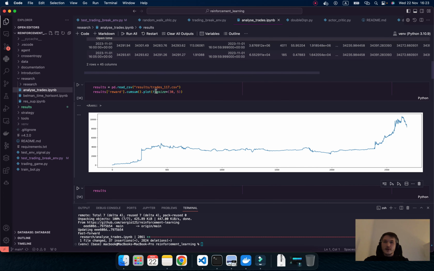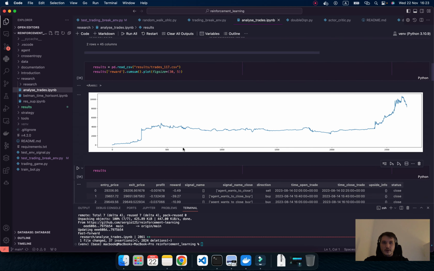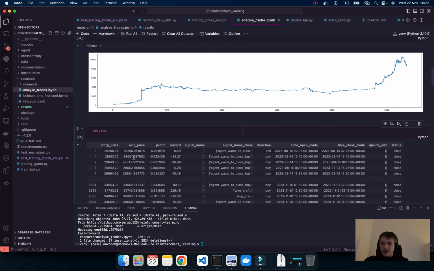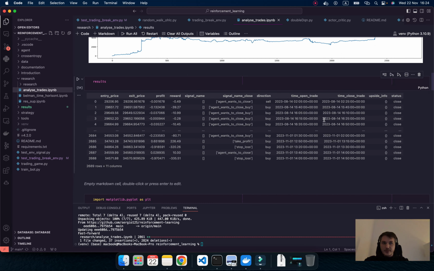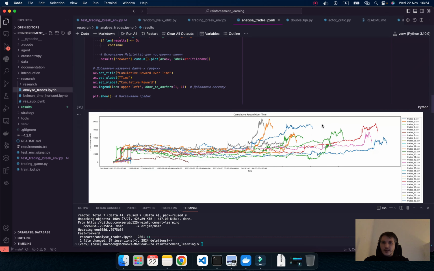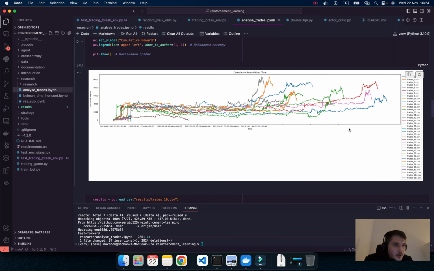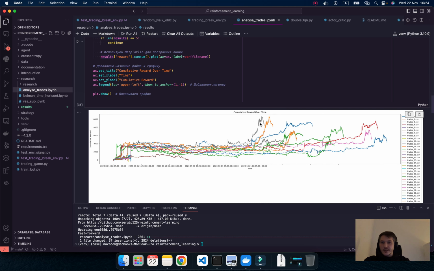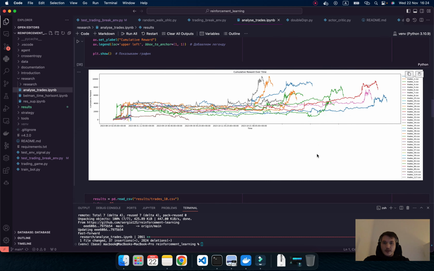Then you see, for example, the results folder, and there are some file names. It's the number of the epoch, and then I can look for entry trades, exit, and what the duration is, and then I can build all epochs where the trade is successful, and let's compare.